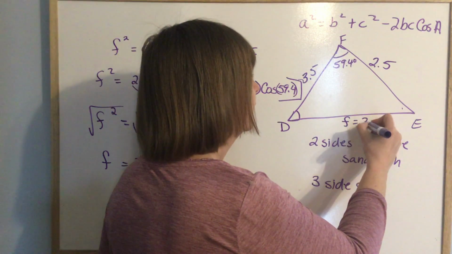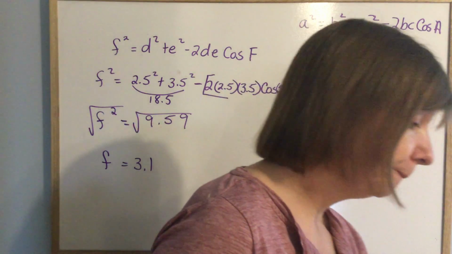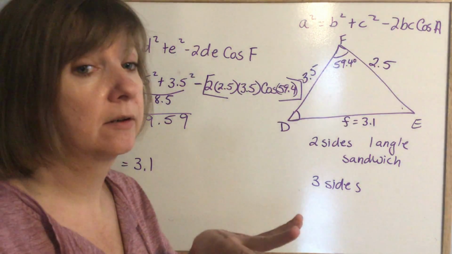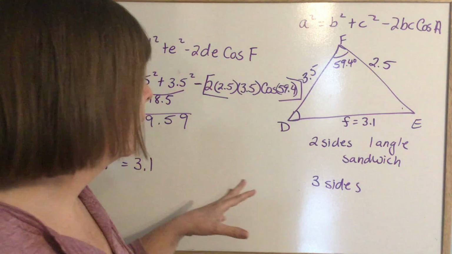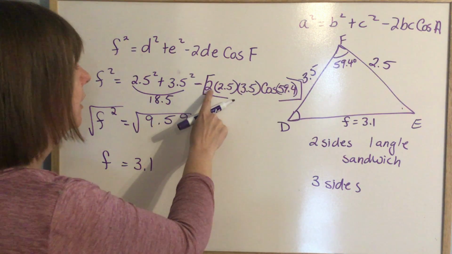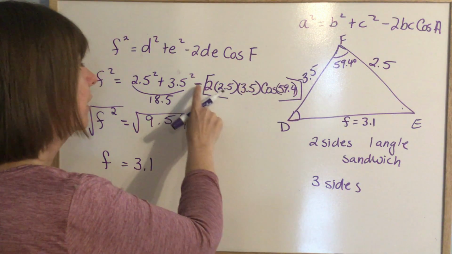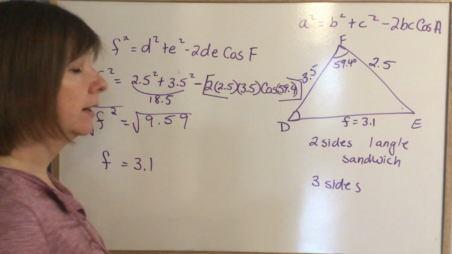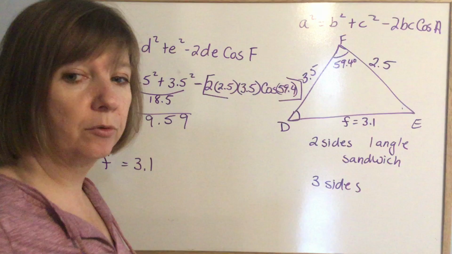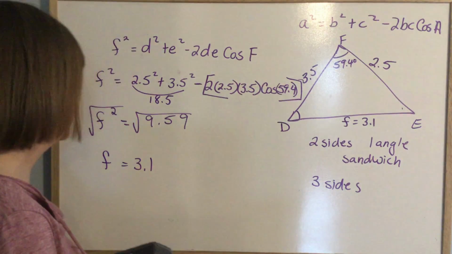So F is 3.1. All right? So that is how I would go about that. So again, the biggest mistakes that people make are forgetting to work all of that out and subtract it, and it doesn't work out well for them, and they forget to take the square root here. So those are the two major mistakes with this question.